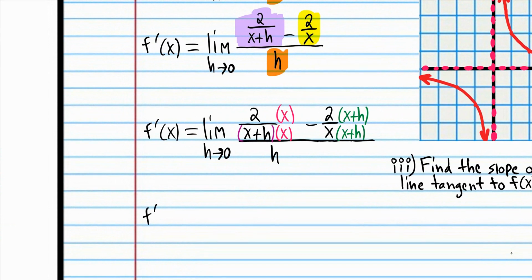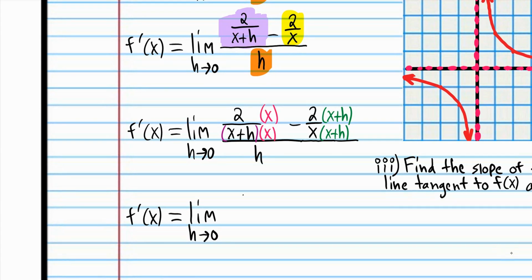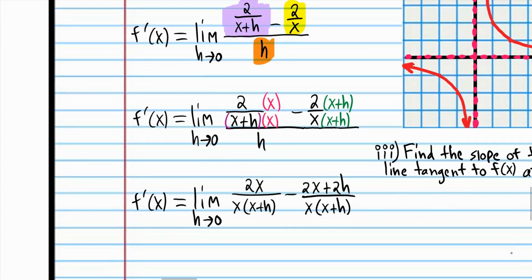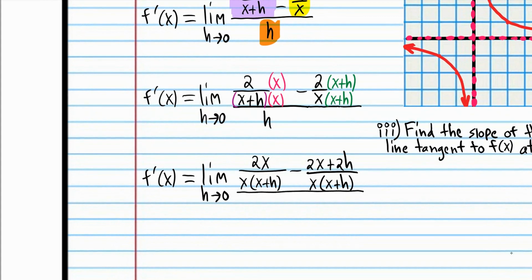So we get 2x over x times x plus h, and we're going to have to distribute here. 2 times x is 2x, and 2 times h is 2h. And that's all over h.